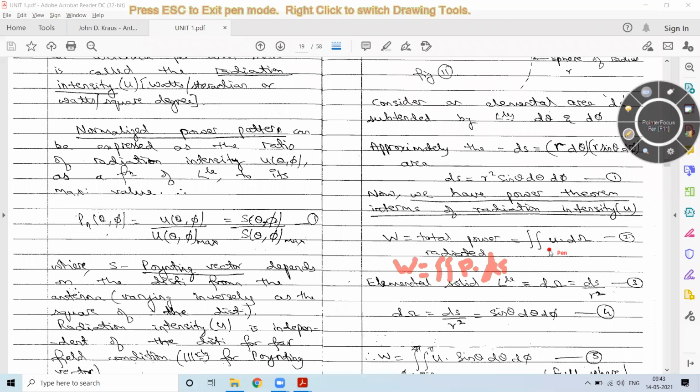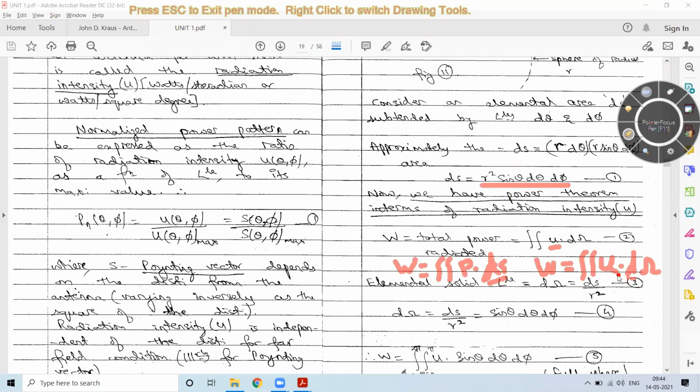Now if I know the radiation intensity, I can also obtain the total power by taking the double integration of this one, but here it will be with respect to d omega. Here it is with respect to ds, in which ds is r square sine theta d theta d phi.